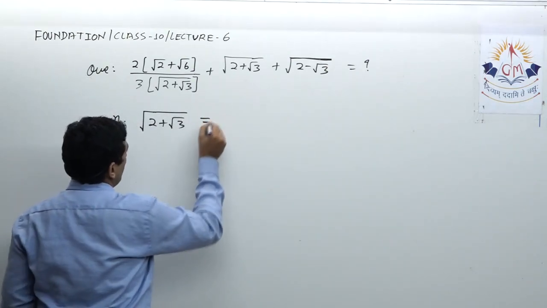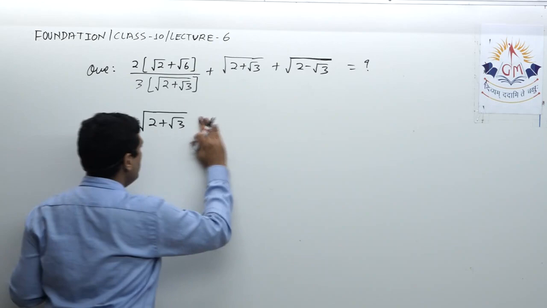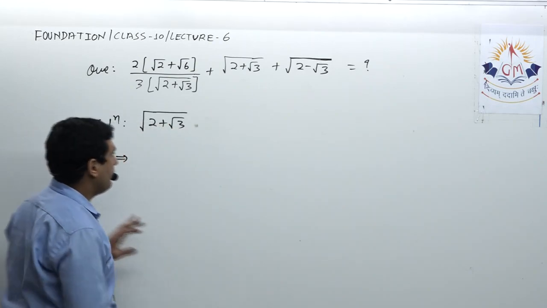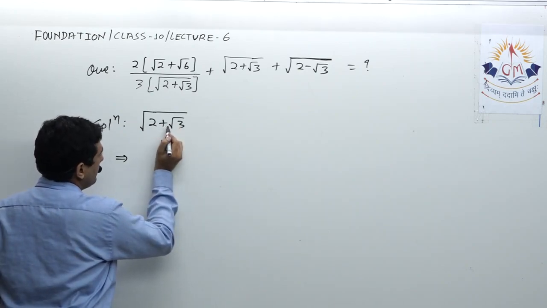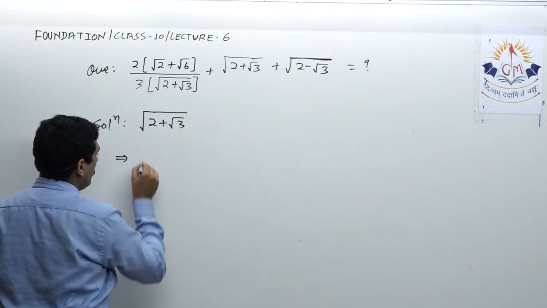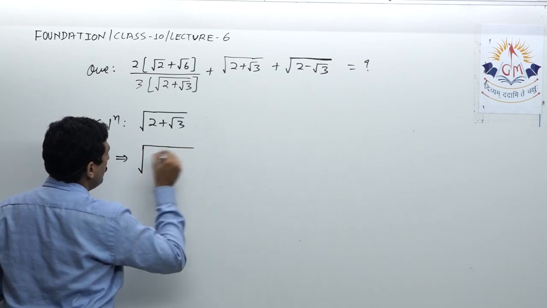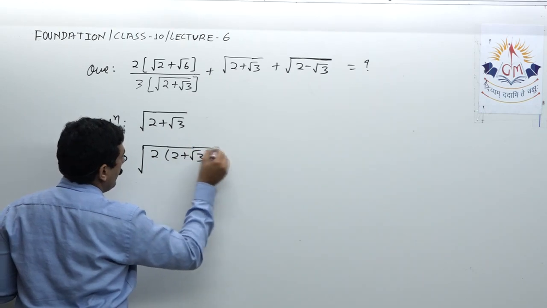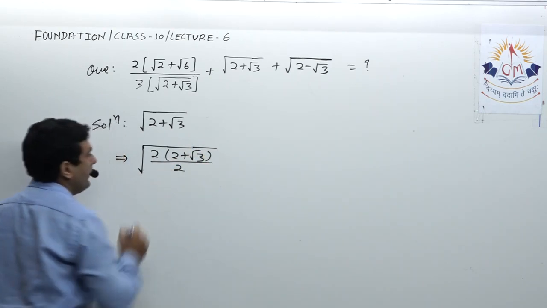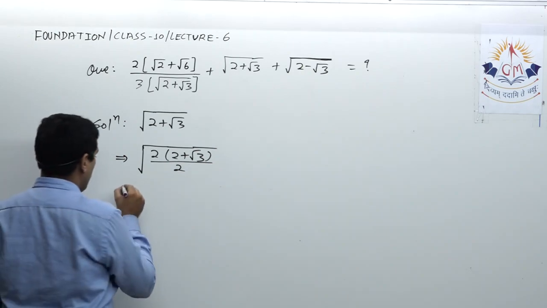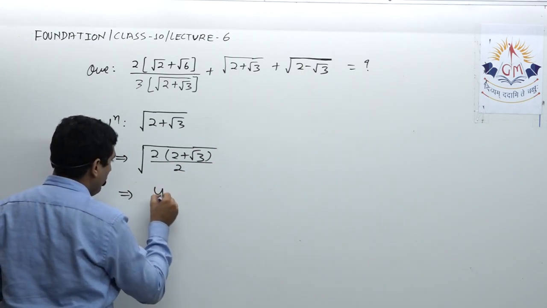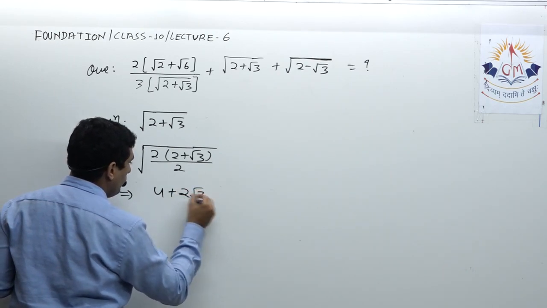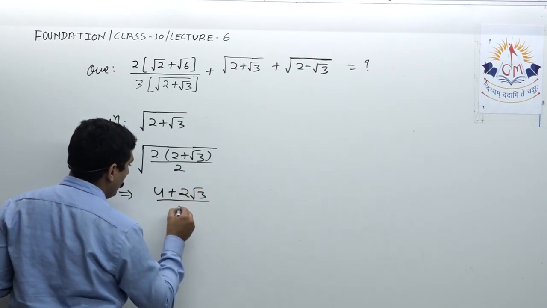So first of all I have to write this in the standard form. That means I need 2 over here to get its square root. For that I will multiply the numerator and the denominator by 2. Or I can say I will multiply by 2 as well as divide by 2. So next it will be 4 plus 2 root 3 divided by 2.